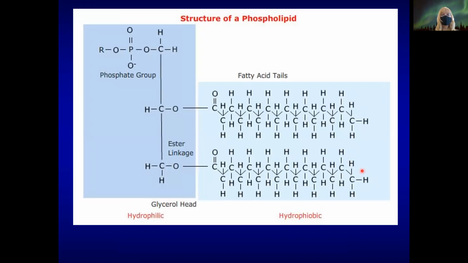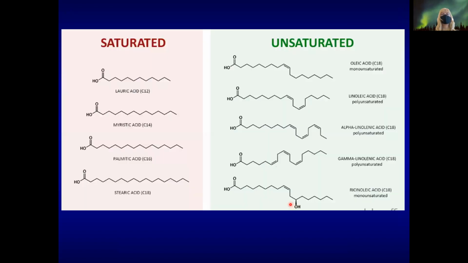And then this one shows some options microbes have when building their cell membranes. They can build different fatty acids into their cell membranes depending on their habitat. Here on the left, we're looking at saturated fatty acids, which means there are no double bonds between the carbons.